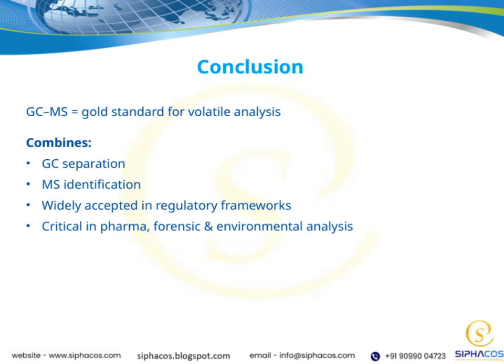Because of its reliability and precision, GC-MS is widely accepted in regulatory frameworks, making it a trusted choice across various industries. You'll find it playing a critical role not only in pharmaceutical analysis, but also in forensic investigations and environmental monitoring. Its versatility and proven track record truly make GC-MS the go-to method for volatile compound analysis.